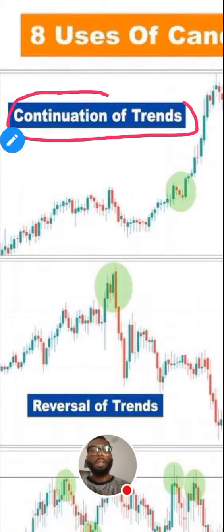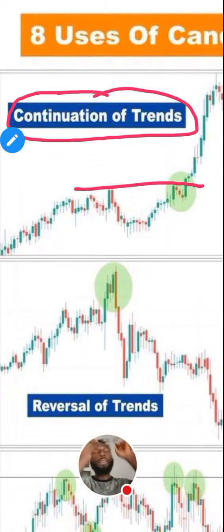Once it has broken this zone, it is sure for you that this market is continuing the trend, and that is when you want to take your entry, just at that point where you've confirmed the trend continuation. You can have your SL just around here, and you can target your TP to the next zone. You can see this trade can be something around 1:8 or 1:10 ratio, which is a very, very sweet entry.